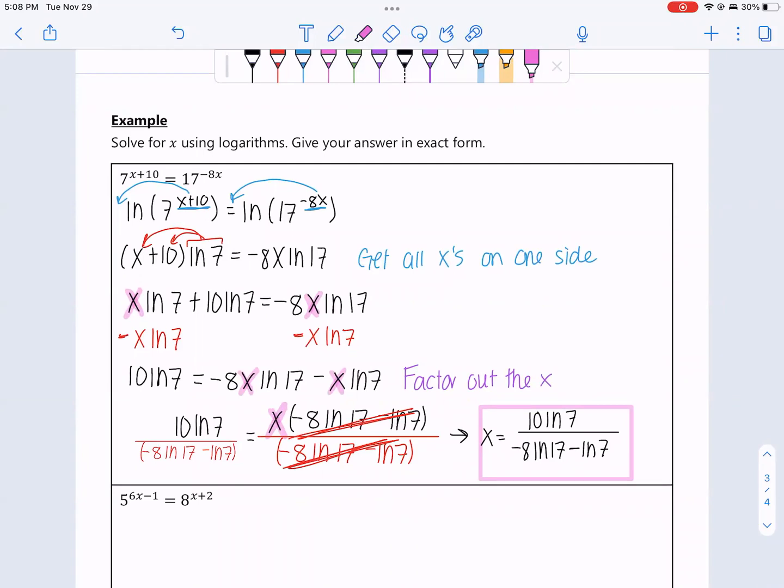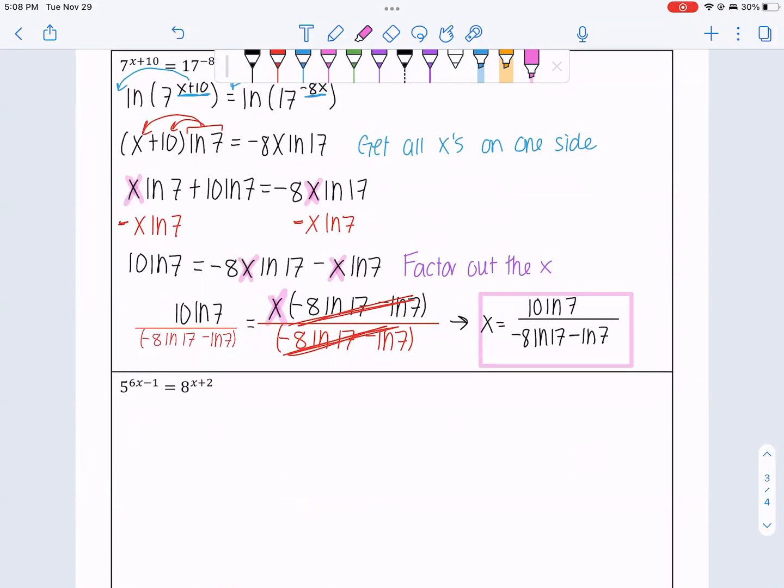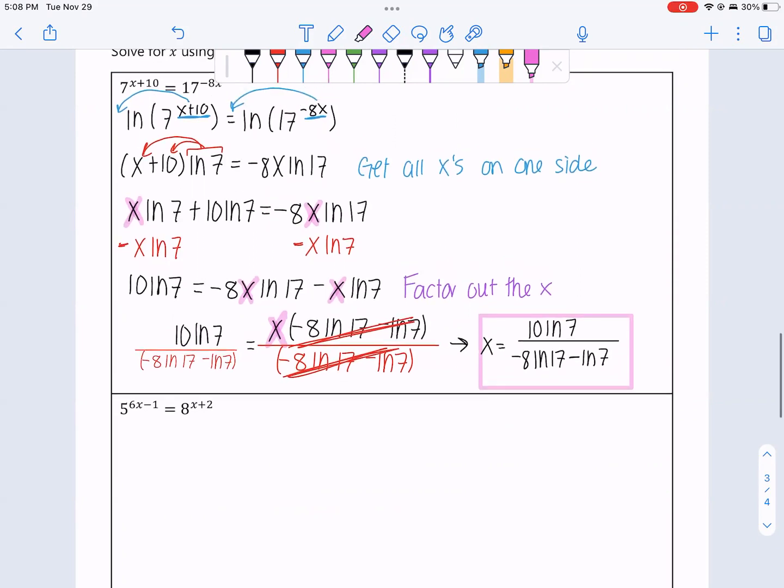All right, one more. It's going to be the same process, all right? And I'm going to skip a step here. We know we're taking the ln on both sides, and we know we're going to have to take that exponent down in front. So when I take the ln on both sides here, I'm going to end up with 6x minus 1 out in front with an ln 5 because I took the ln on both sides, and then I take the exponent down.